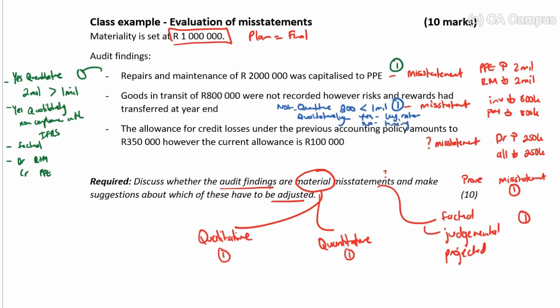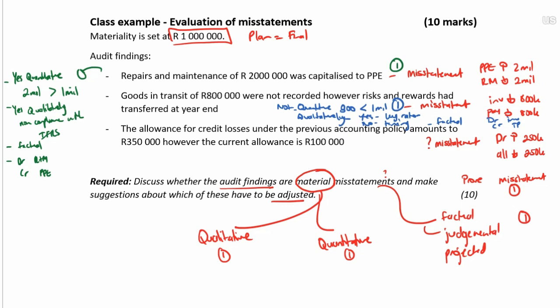They are going to record it in the beginning of next year. Is it factual, judgmental, or projected? It is a fact. It's factual. What is my adjustment? Go and debit inventory, credit trade payables, or some sort of a liability.